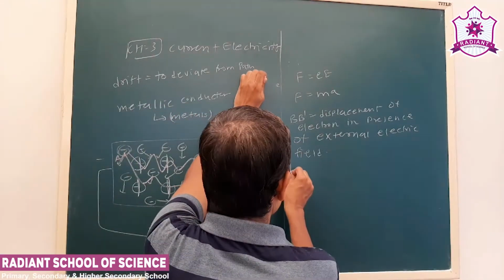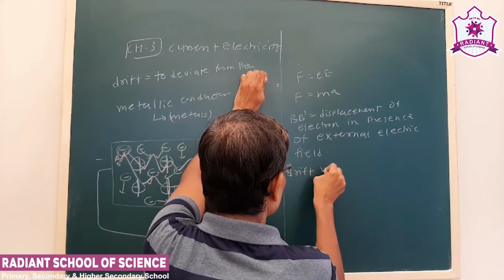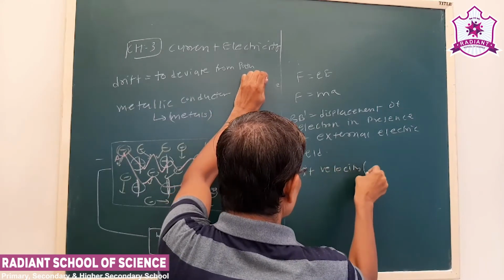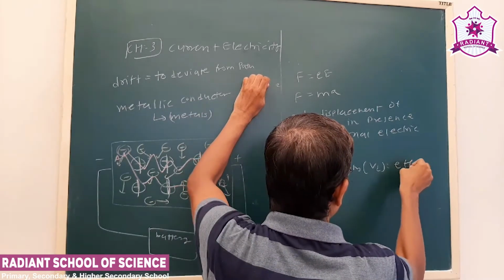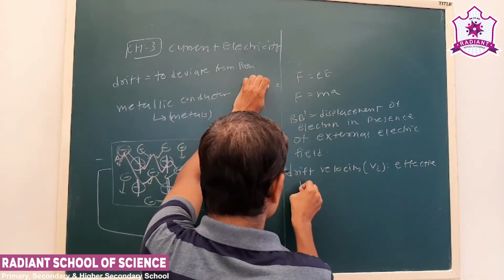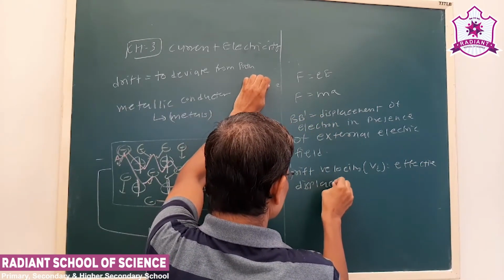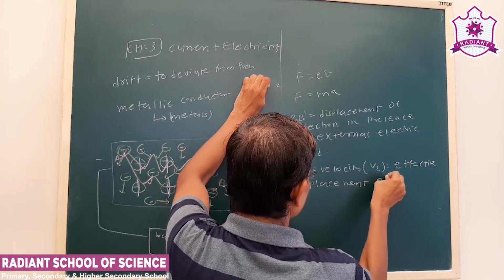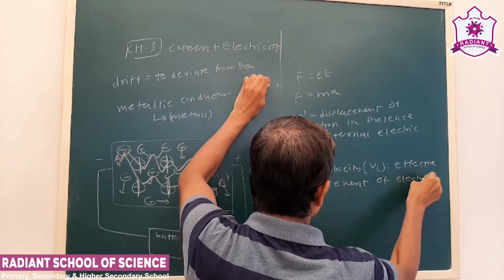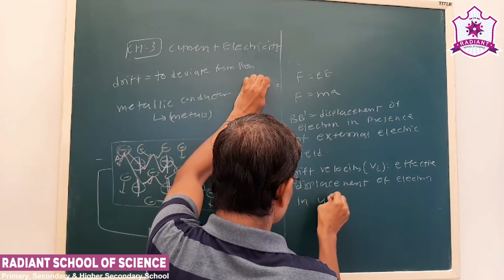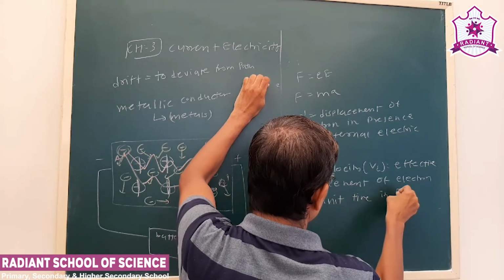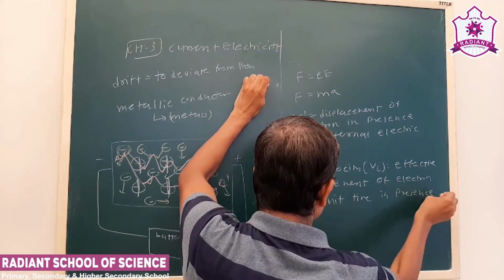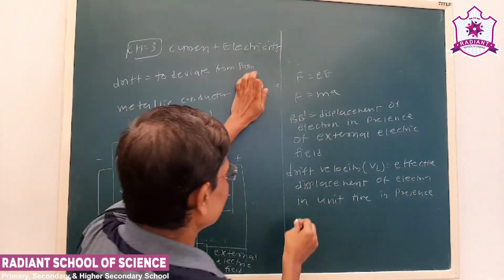So how do we define drift velocity? That is denoted by v. Okay, that is the effective displacement of the electron in unit time in the presence of an external electric field.